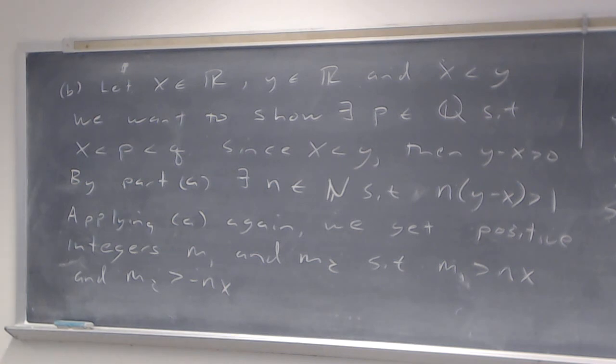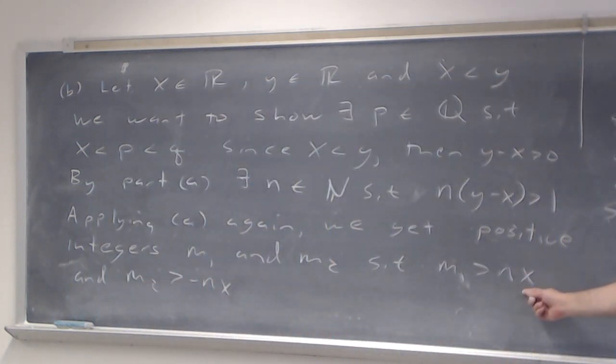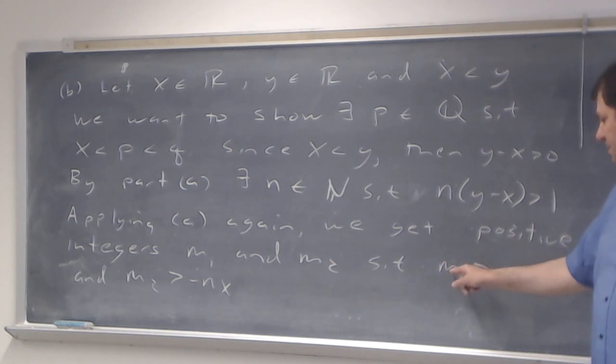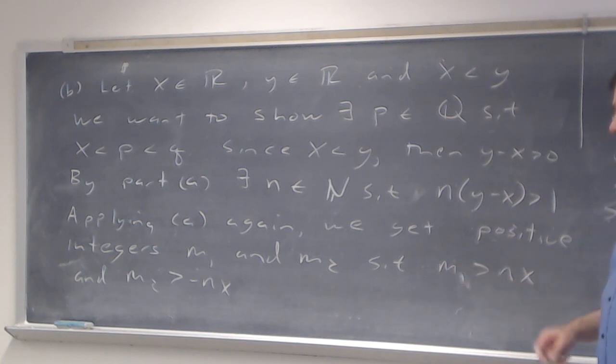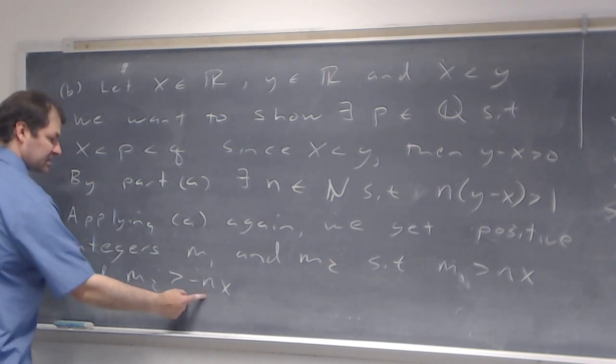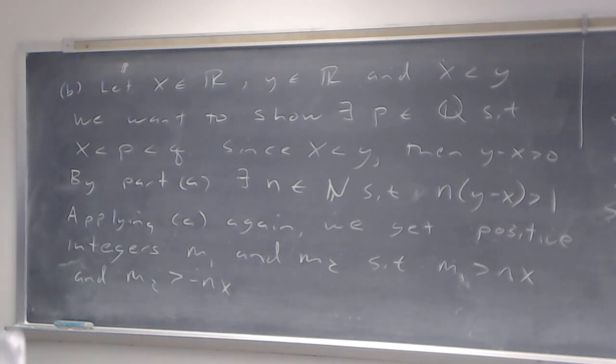So I'm going to stop there for a second. Look, this is by part A. The nx in this case is playing the role of y in part A. So it's a real number. And we think of 1 as playing the role of x in part A. And so there's some positive integers, some natural numbers, we multiply 1 by to get bigger than nx. And here we're doing the same thing. Minus nx is the y, 1 is the x for part A, and M2 is something that's going to be bigger than it. Okay? And that's what we have.